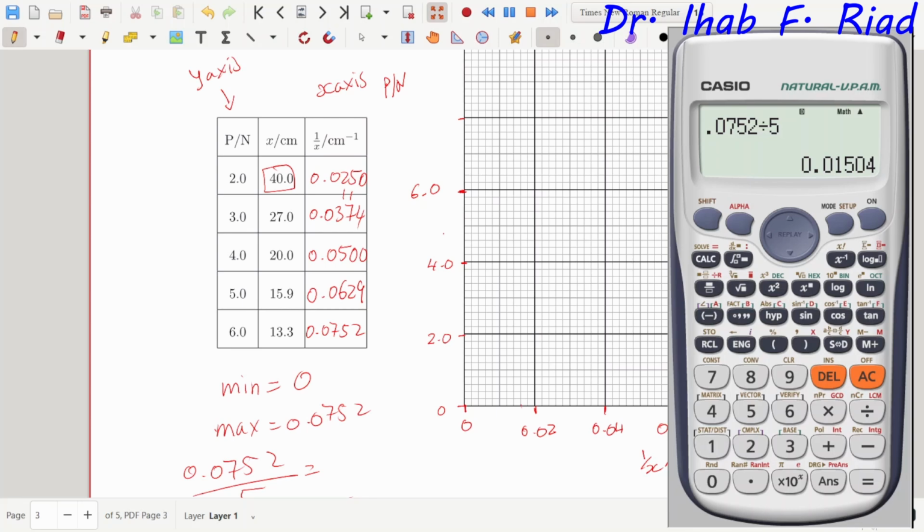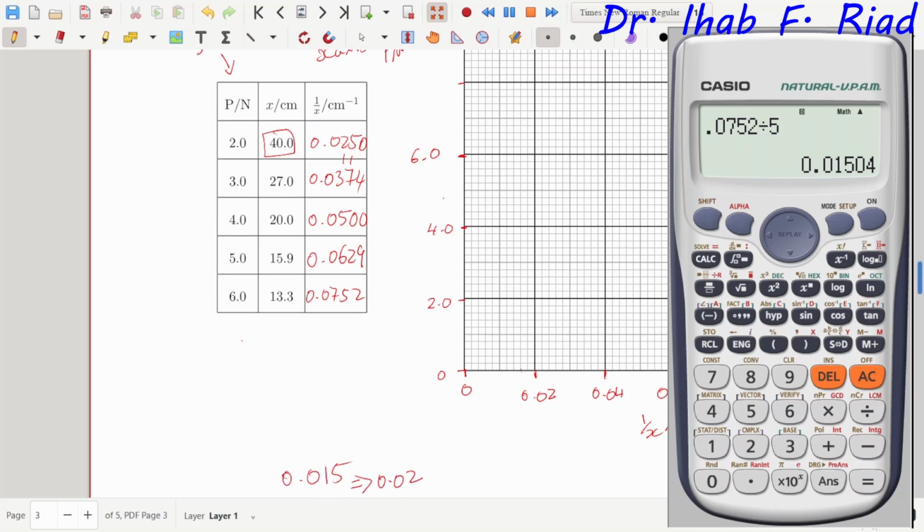Okay, so let us start plotting. Now we need 0.0250. It might not be easy counting these values on the x-axis. So how do we do that?